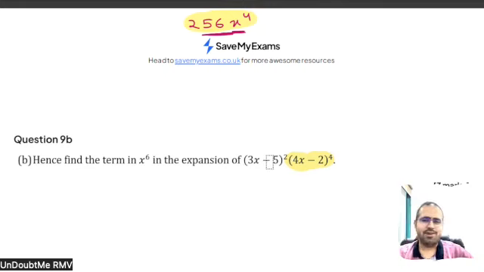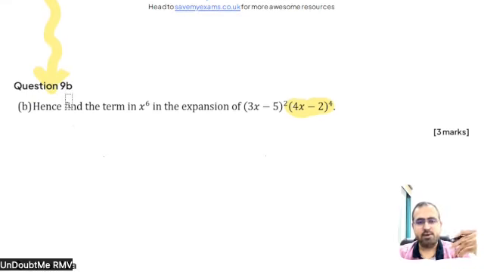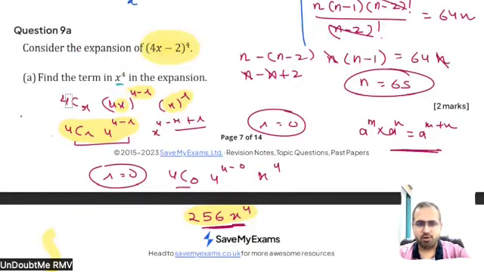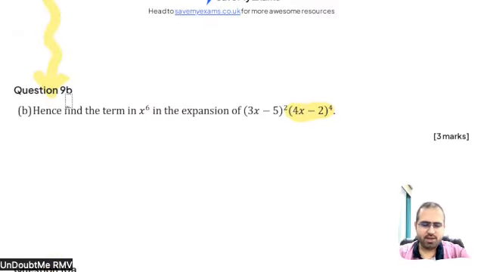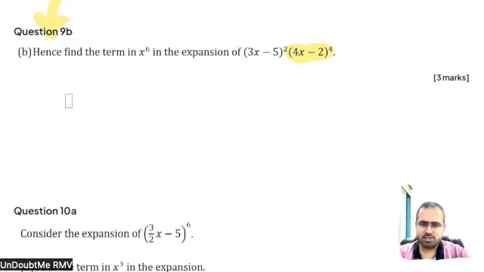Look, whenever it says hence, it is obvious that we need to continue from the previous question. Whatever you are getting in the previous question, you have to use that result. And sometimes if you have doubt about how many steps we should show, you should always look at the number of marks. If this came as a fresh question, where nothing is given and they are asking this as a new question, it can never be of 3 marks.